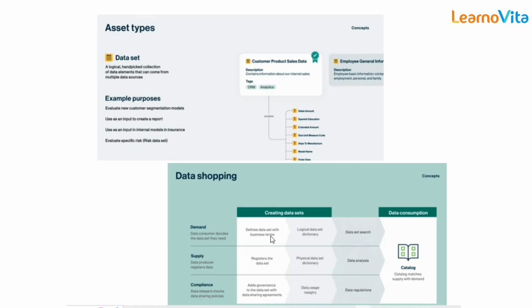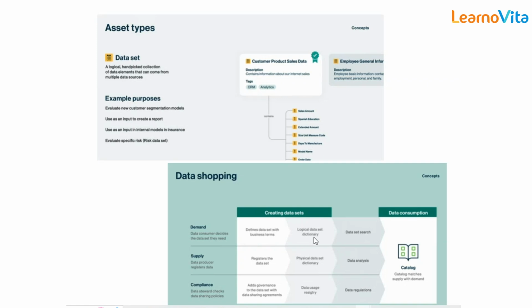So the business term will be like profit contribution in a particular year, related to a particular data set, which is actually a group of data assets. I can combine all the data assets related to the profit contribution and relate it with the business term.